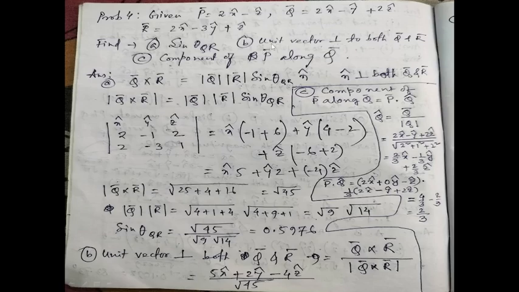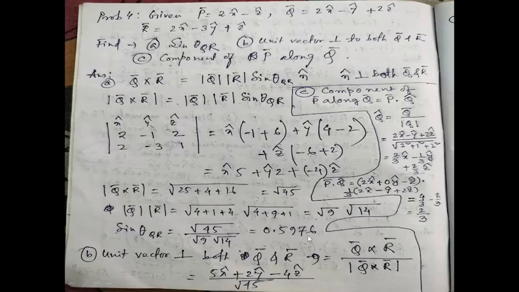The next question: find the unit vector which is perpendicular to both q and r. The perpendicular direction to q and r is the n hat vector. N hat vector is the unit vector along q cross r. So if I find the unit vector along q cross r, it will be the unit vector which is perpendicular to q and perpendicular to r.